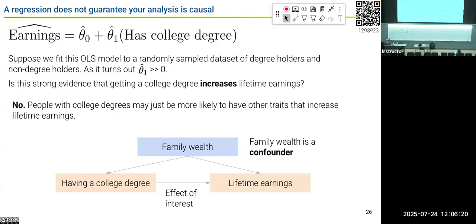So here we do not know which one of these two, having a college degree or family wealth, contributes more to higher lifetime earnings. Okay, so family wealth is called a confounding variable, or a confounder. This is a variable that also leads to your effect, but is not the factor of interest here.